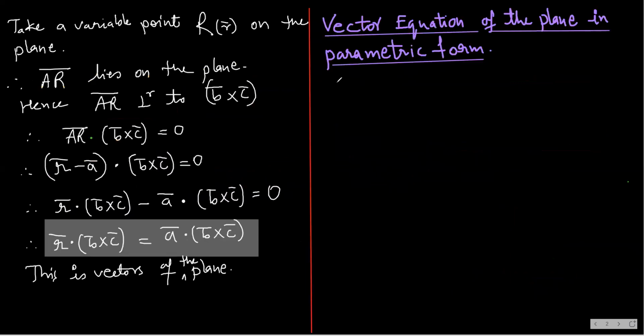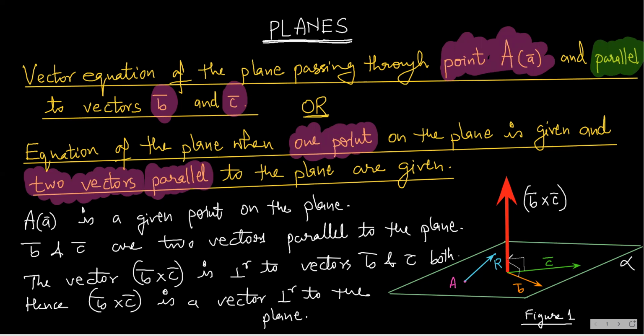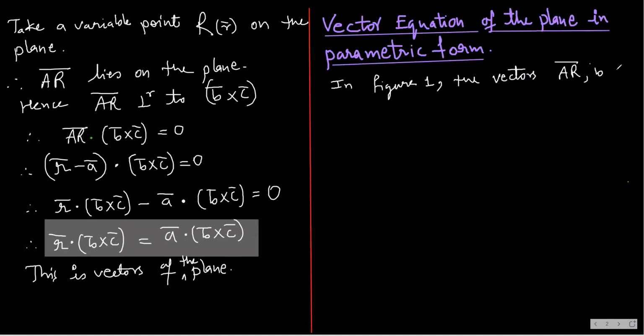So here I write, in figure 1, the vectors AR bar, B bar and C bar are coplanar vectors. In figure 1, the vectors AR bar, B bar and C bar are coplanar vectors.